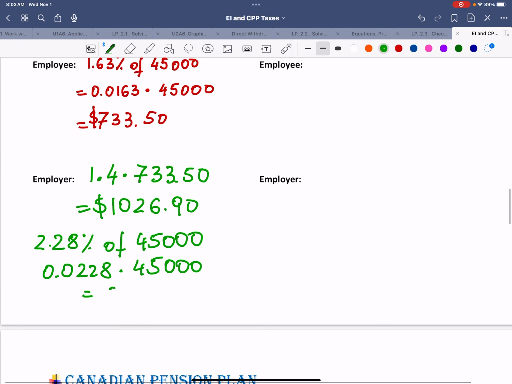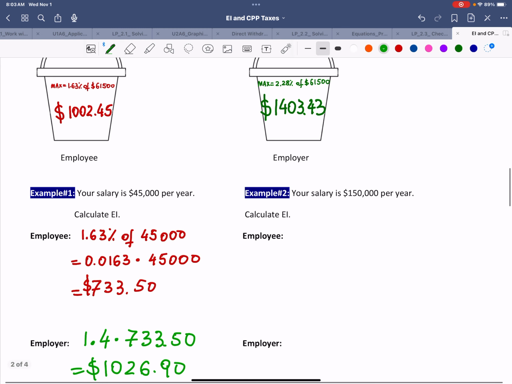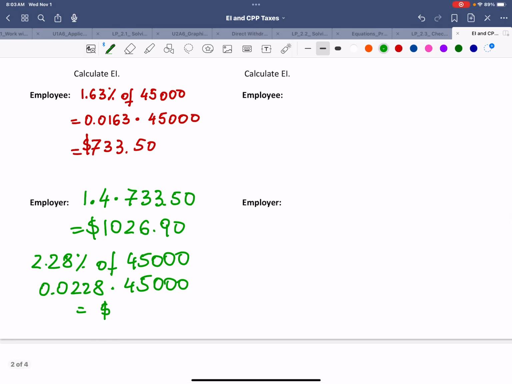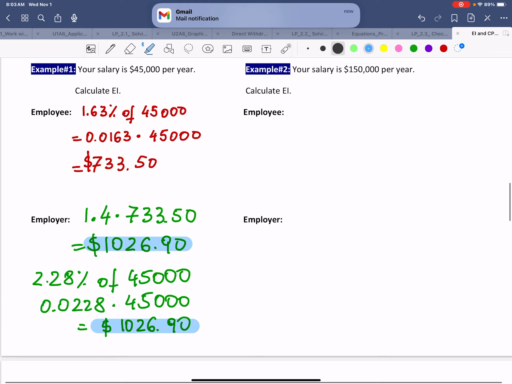And that amounts to 1,026.90. So as you can see, we calculated in two different ways and we get the same amount. So use whichever way is easier for you.